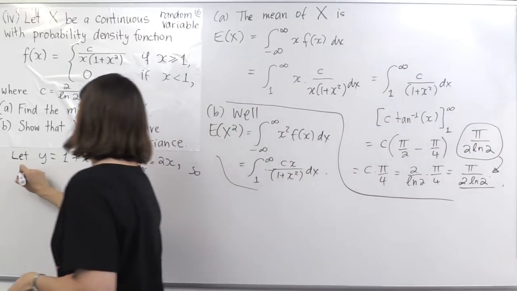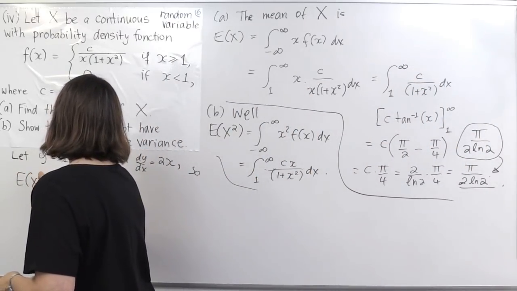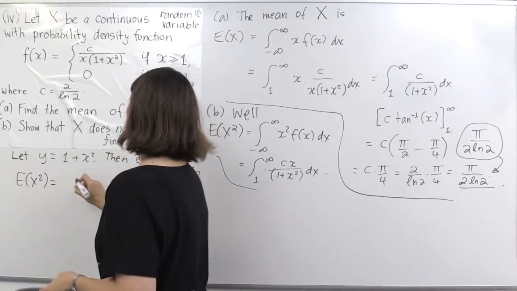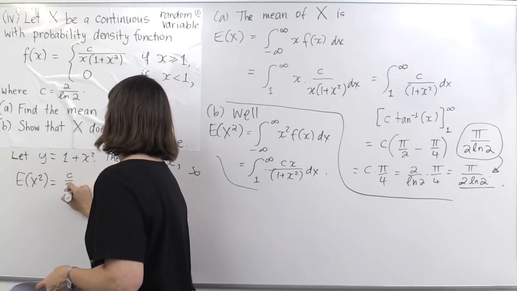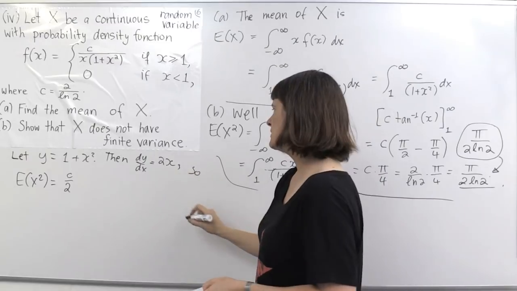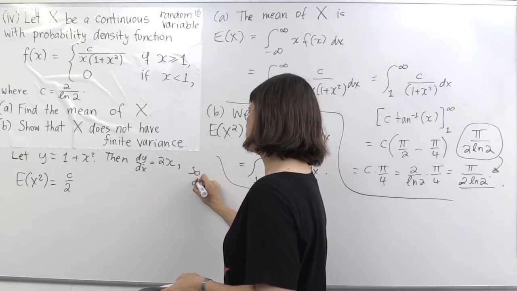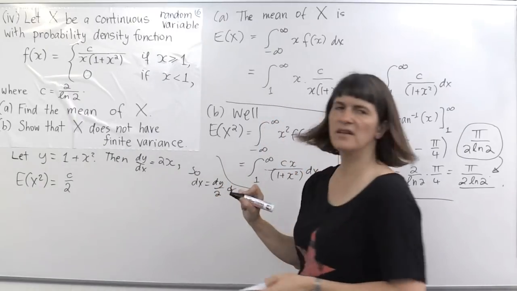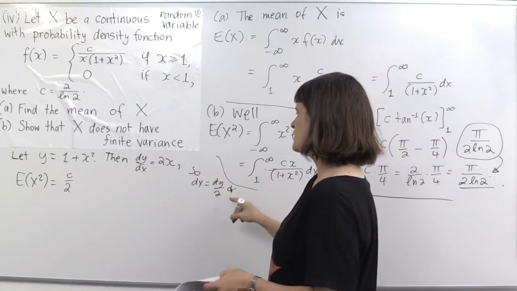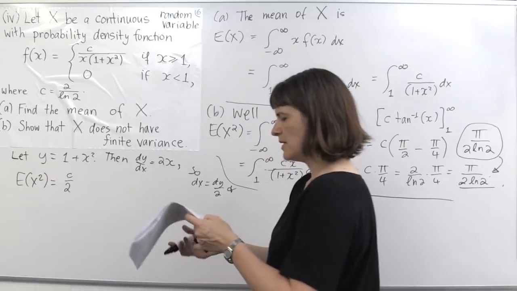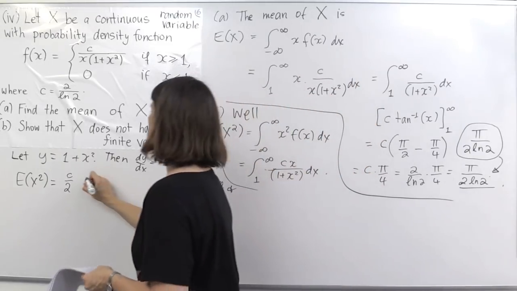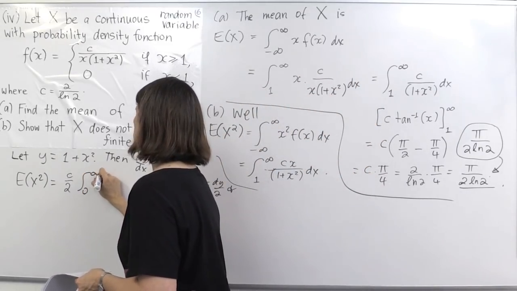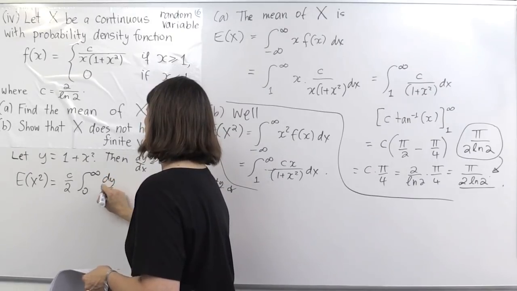The expected value of x squared is, the c can come out the front, and I have to divide by 2 because x dx is dy over 2. So the expected value of x squared is c over 2, the integral of dy over y.